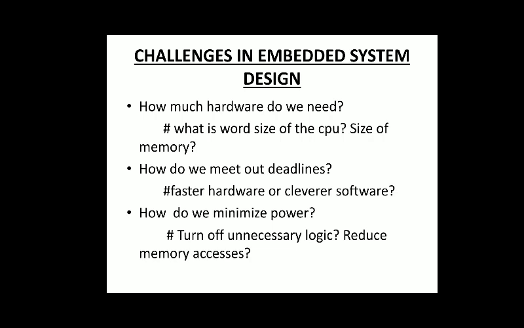So what are the challenges in embedded system design? First, how much hardware do we need? Hardware means the processor, how much processing power you need, and the size of the memory. Do we need an 8-bit processor or a 16-bit or 64-bit processor, single core, dual core, quad core, octa core?